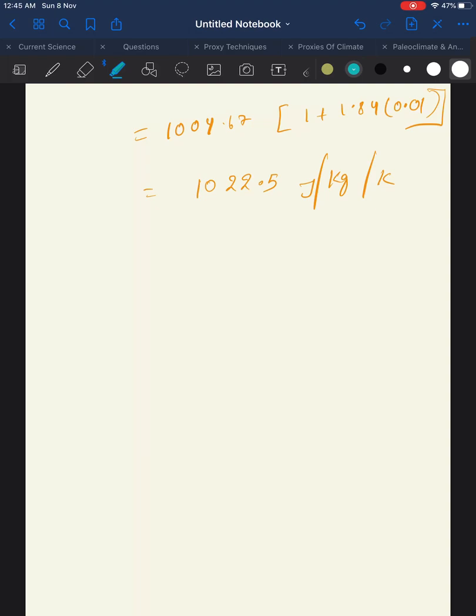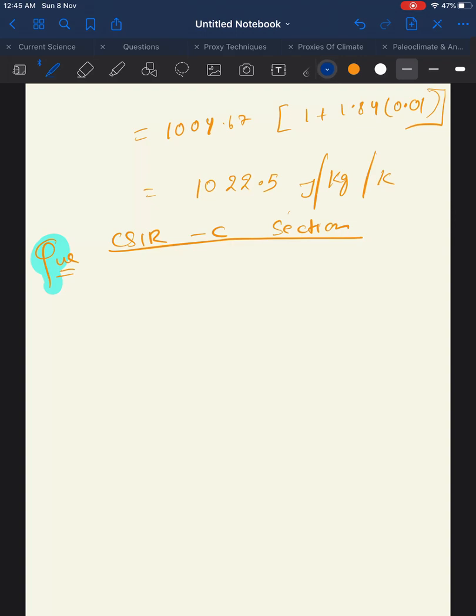So now the question is, again from CSIR, actually a C section question. Okay, let's change the color. I'm done with this color.